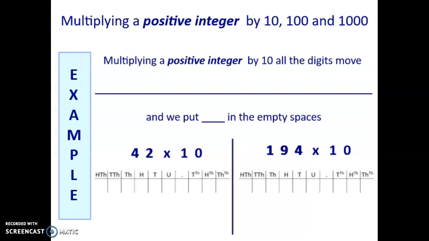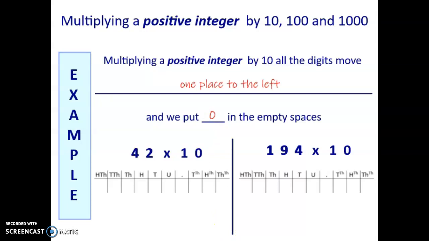All of the digits move. The rule is that all of the digits move one place to the left because they're getting bigger. And if we have any empty spaces, do you know what goes in those empty spaces? It's called a placeholder, and that placeholder is a 0.